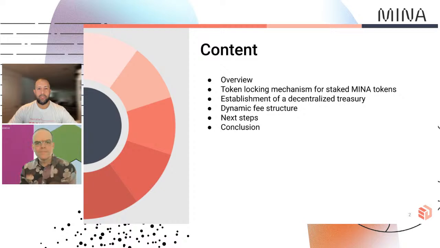So these two proposals are kind of tied together. If we have some time, we'll also introduce the dynamic fee structure, but this will be discussed later. So the few discussions that we will have in the next few days and weeks will mainly focus on the first 2 points. Then we will see next steps and conclude with potentially questions from the community.